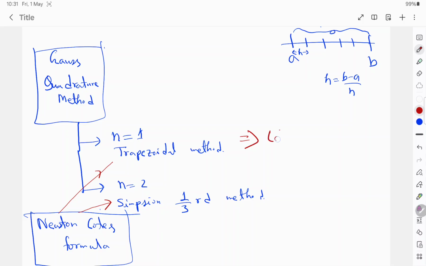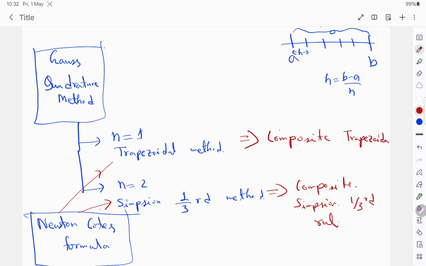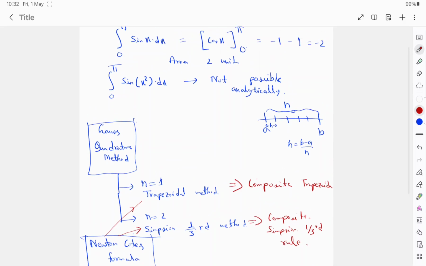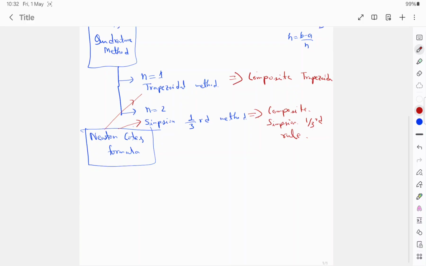So from there you have composite trapezoidal, and here you have composite Simpson. Okay, so this is the overview of this numerical integration part. And you know the error type of thing, right?